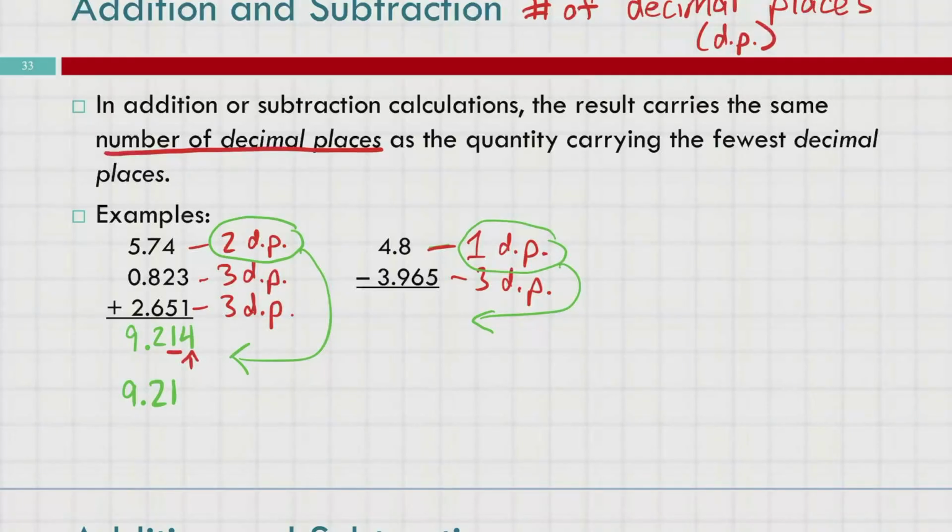Plug into the calculator, 4.8 minus 3.965. We get 0.835. Rounding for 1 decimal place, we look at the 8. The 3 tells us how we round. We're going to round down to 0.8. Final answer.